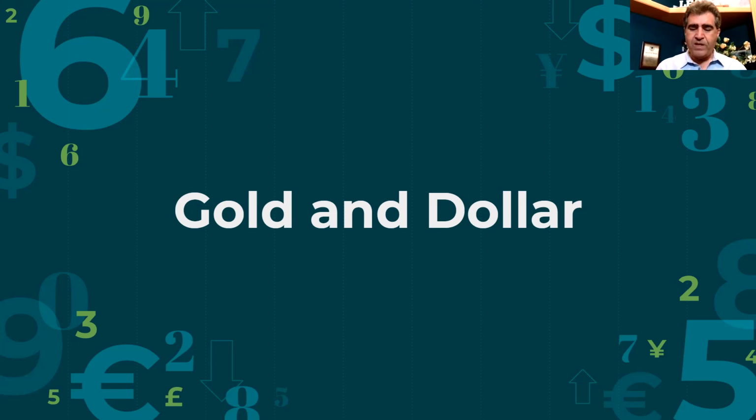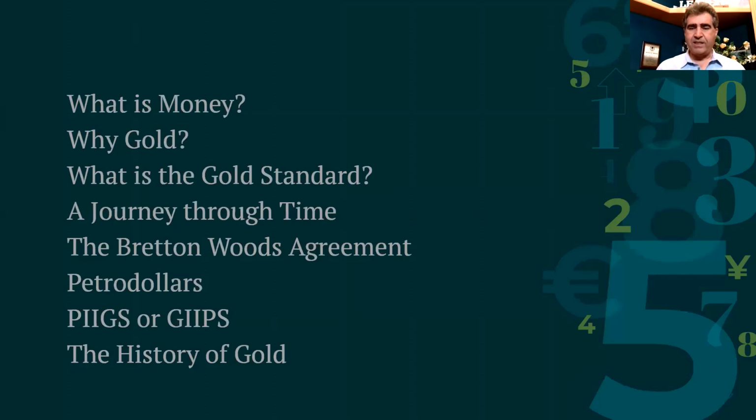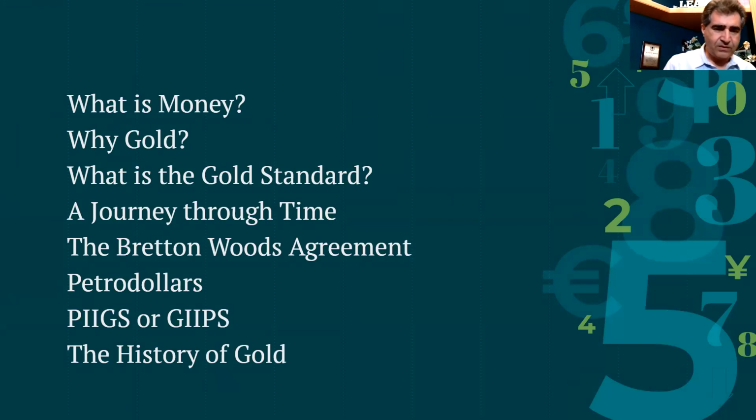So what we're going to do in the next hopefully 45 minutes or so, first we're going to start with this thing called money. What is money? And why has gold been the standard representative of money? Beyond that, we will discuss something called the gold standard and what that means.